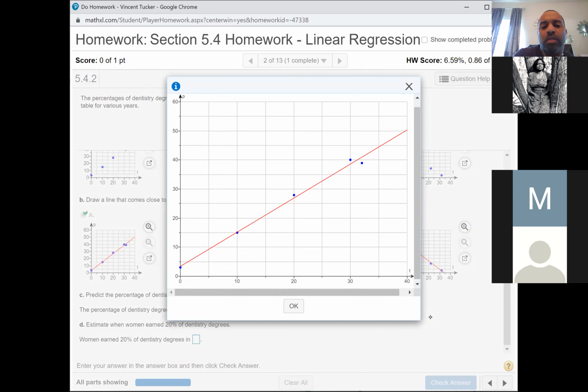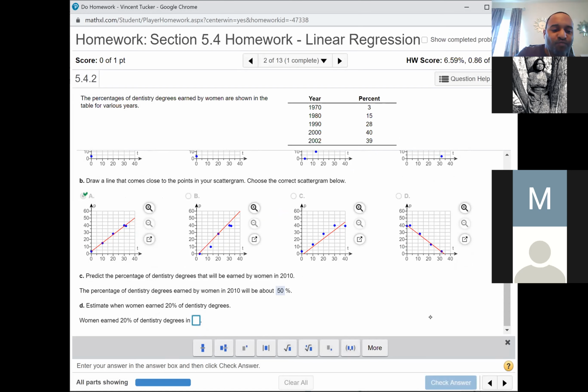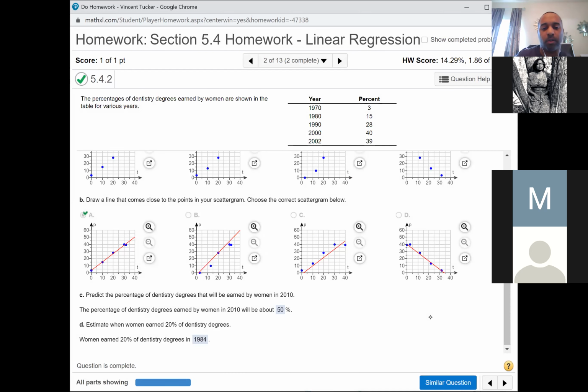That should be, no, because this is 70, 75, 80, 85. So it's close to 85. Let's try 84. 1984. Yeah, there you go. So you just had to get close to it. Questions on that? Just basically reading the graph and paying attention to what they're asking of you.